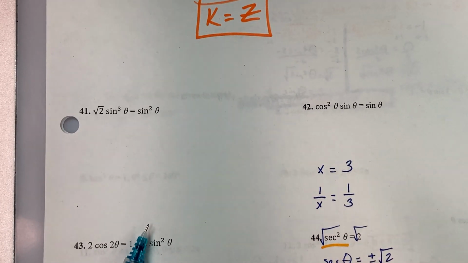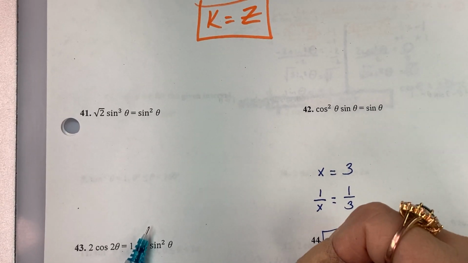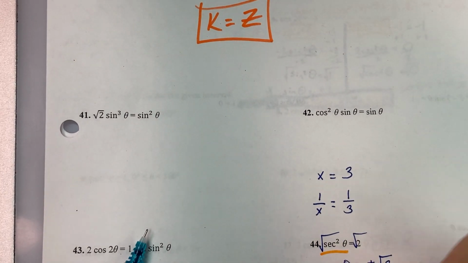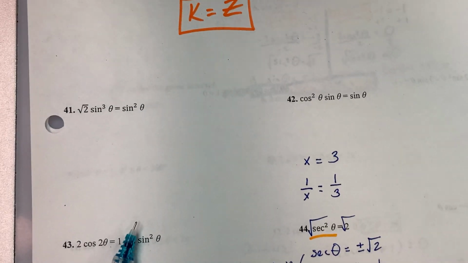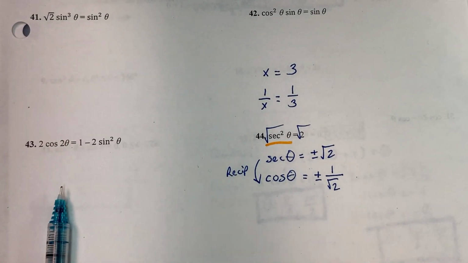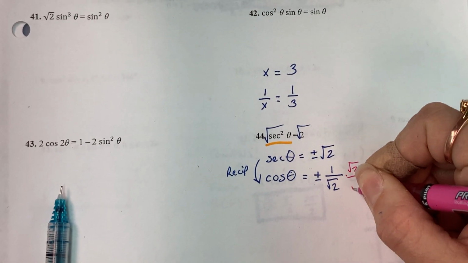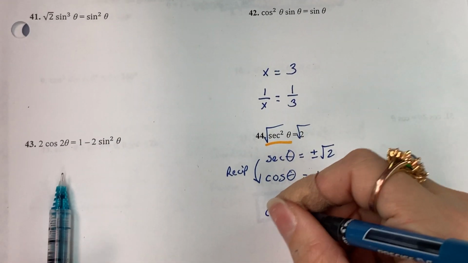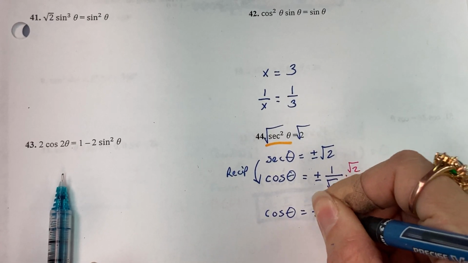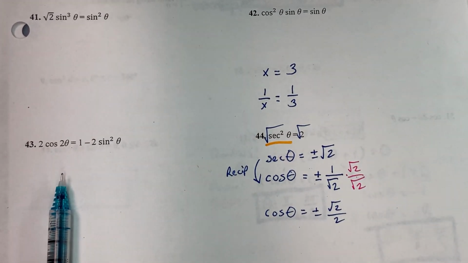What happens if I reciprocalize the right side? We get 1 over rad 2. So we need to try to make this a rationalized denominator by multiplying by rad 2 over rad 2. So cosine theta equals plus or minus rad 2 over 2.